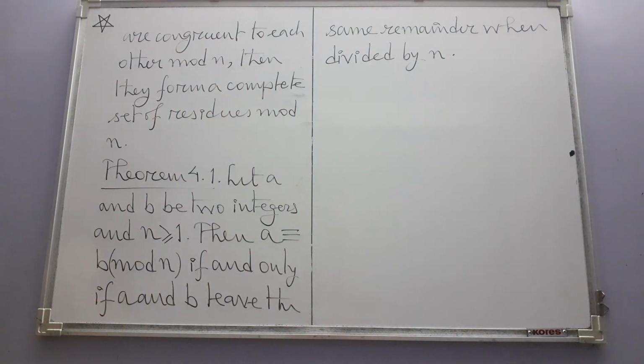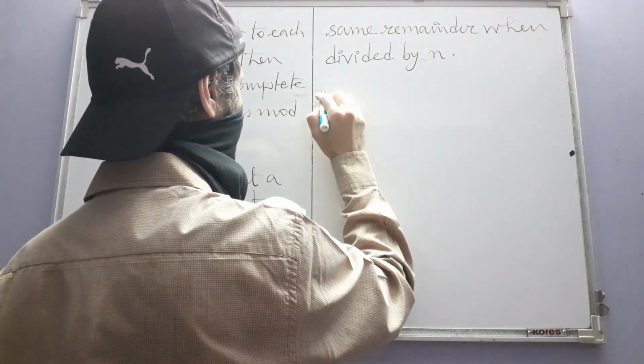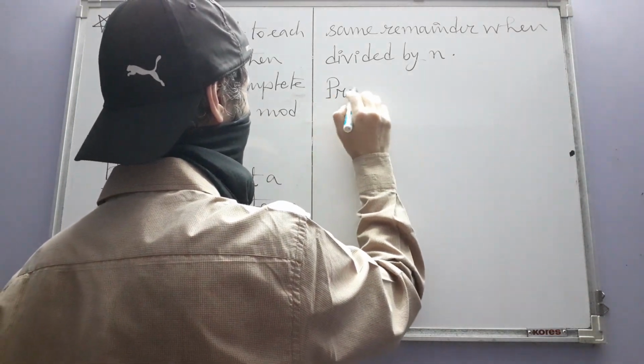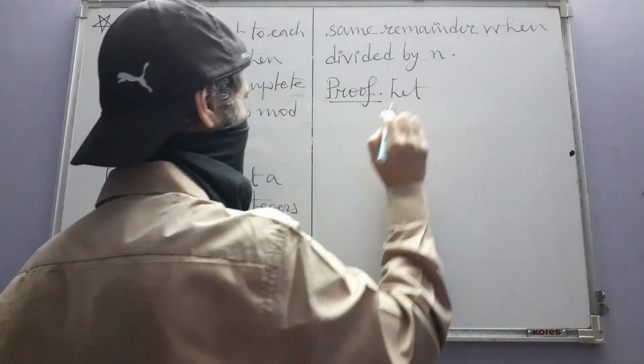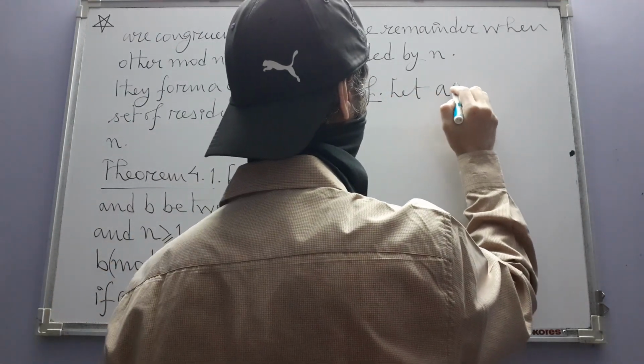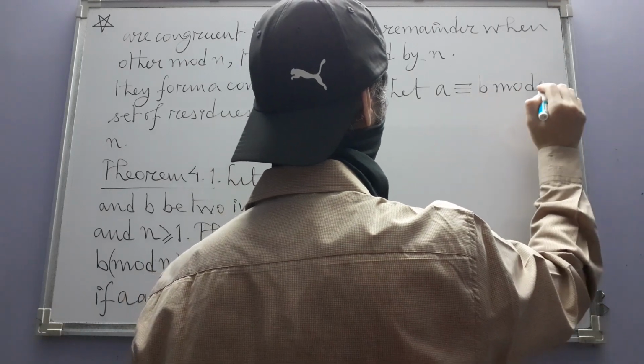Let us now prove this. It's a very easy result. First, let A be congruent to B mod n.